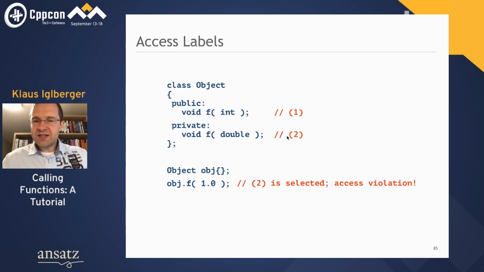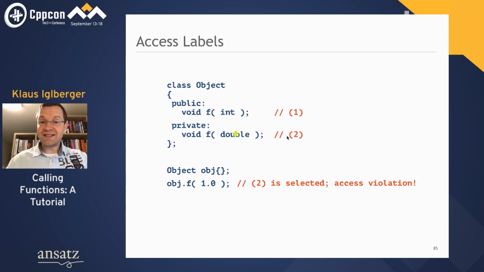The very first step is name lookup. We start in the scope of object because this is where we start to look for the function, and the compiler finds both functions. At this point, these labels are not taken into account at all. There are two functions f. There is no template, so I go to the overload resolution, which decides that function 2 is the better match. I have a double argument, and so it's an identity match here, but it would be a rank 3 call here.